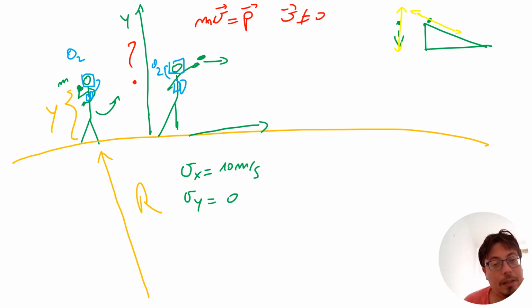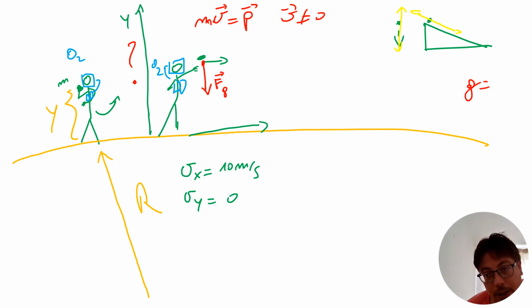Now what's the difference? As soon as we let the object go, we have still one force acting on the object, which is the force of gravity. That doesn't change. We remember that it is G times m times M over r squared.